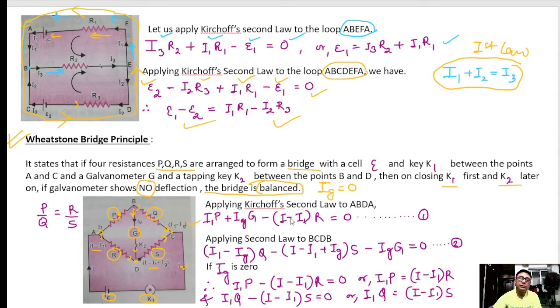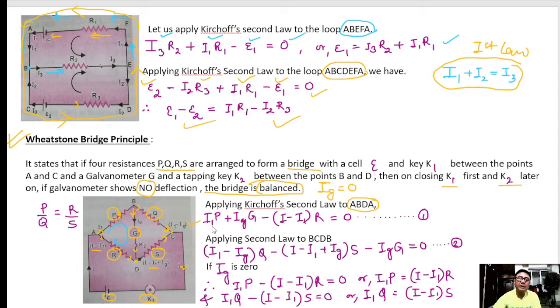Okay. So now, if Ig is 0, let us apply Kirchhoff's second law to the loop ABDA. We are choosing this part ABDA, and we will move along like this.